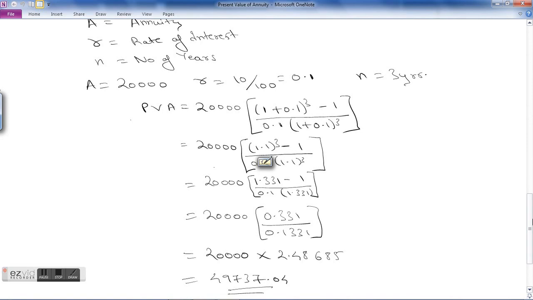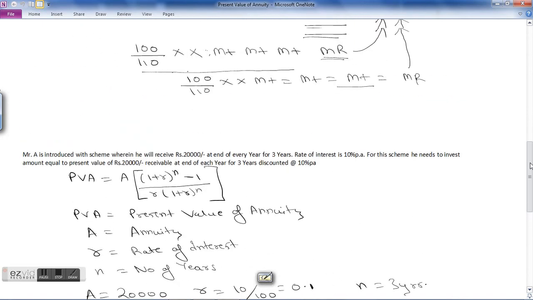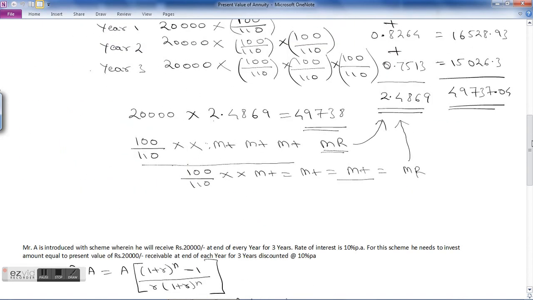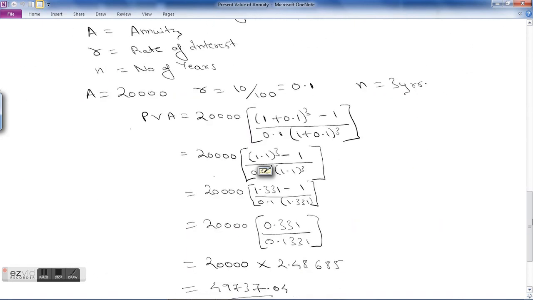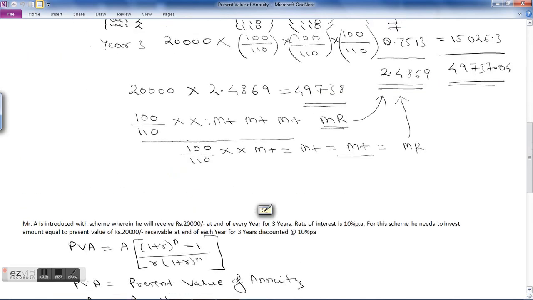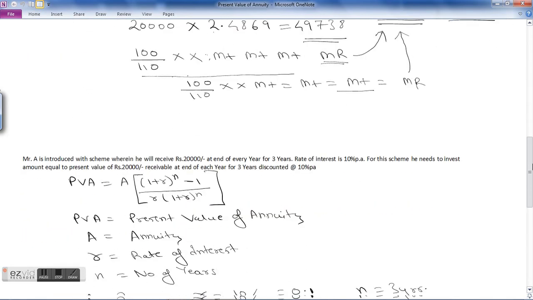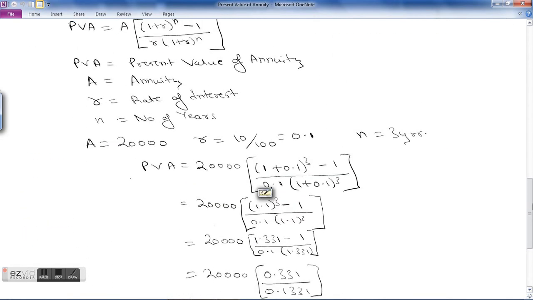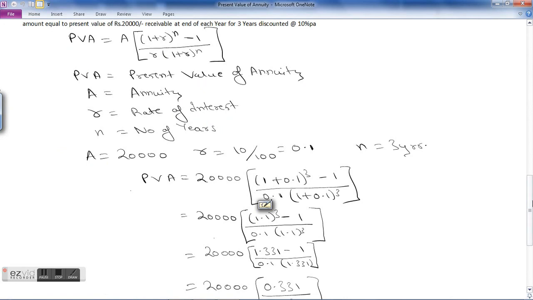Now this is the present value of annuity as per the formula. If you see, this is the same as what we had calculated earlier, 49,737.04. So you can find the present value of annuity either by using the formula or the earlier method.